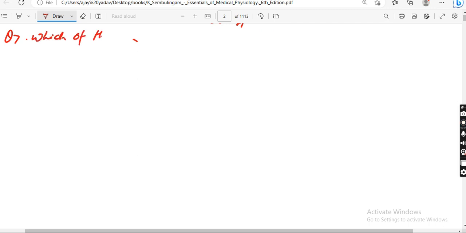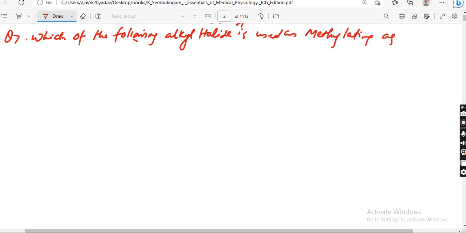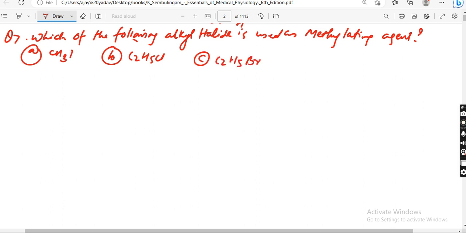Option A is CH3I. Option B is C2H5Cl. Option C is C2H5Br, and option D is C6H5Cl.